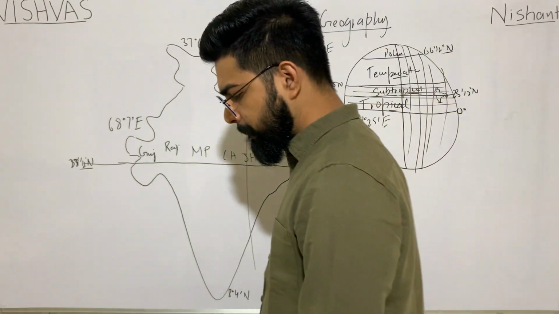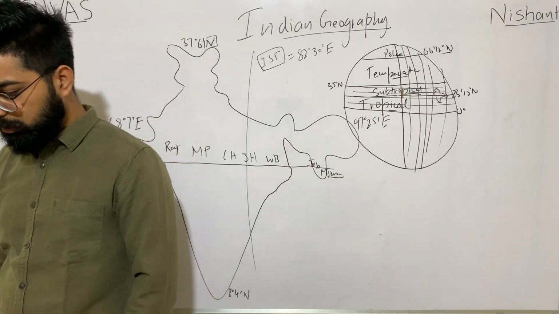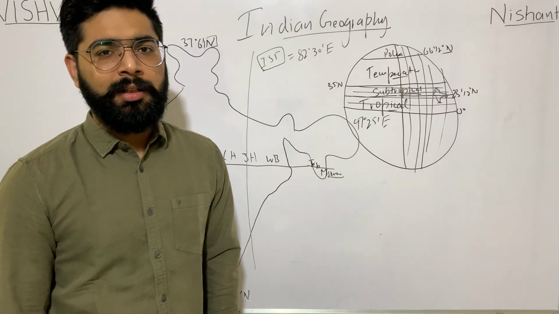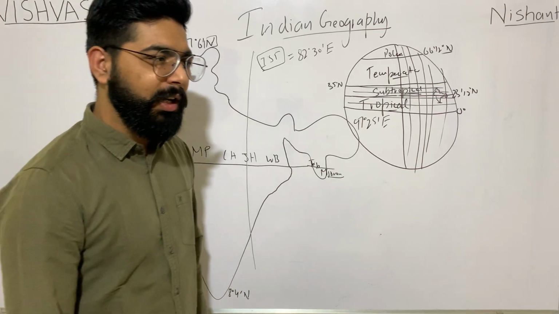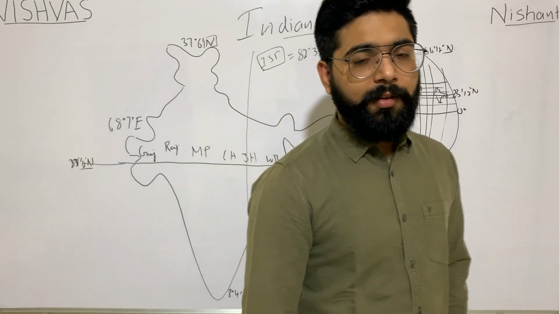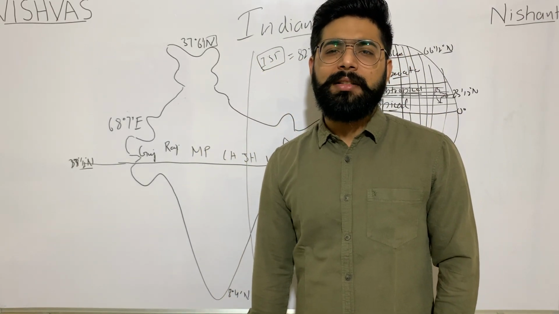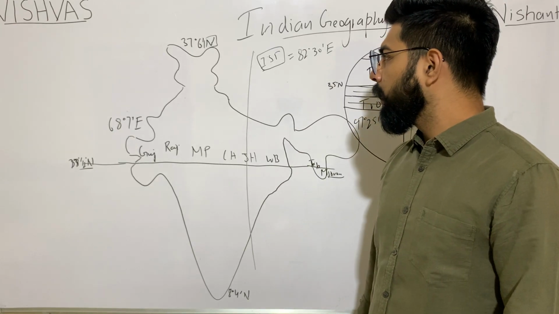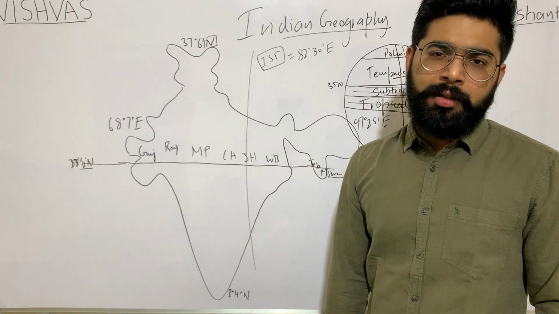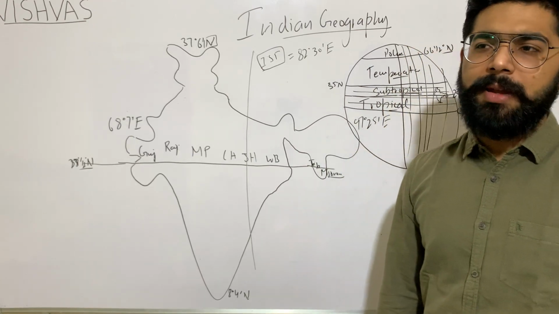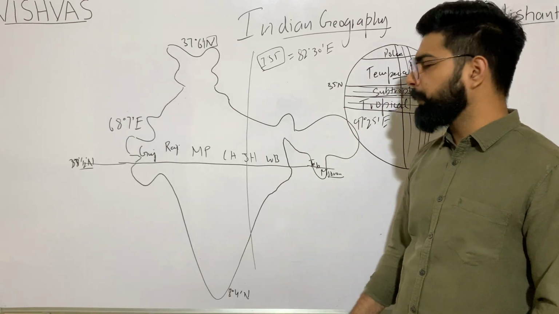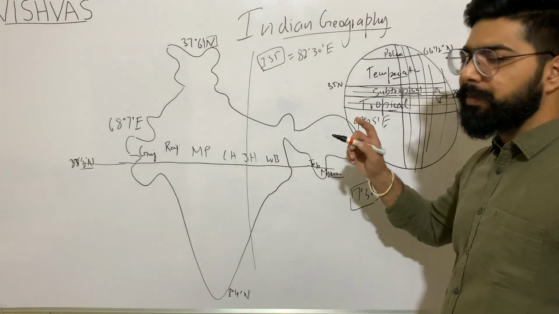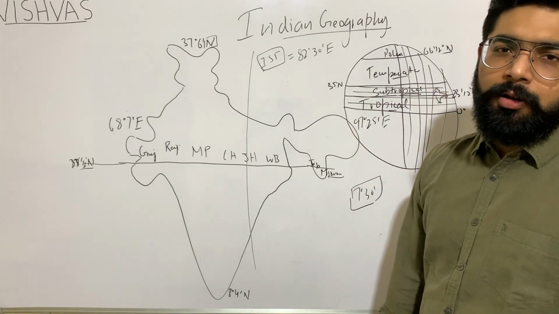Actually, in 1884 there was a conference, and it was decided that the longitude passing through Greenwich, the Royal Observatory in London, would be termed 0 degree longitude. All other countries were requested to make their time zones in multiples of 7 degree 30 minutes, so that it becomes convenient for everybody.